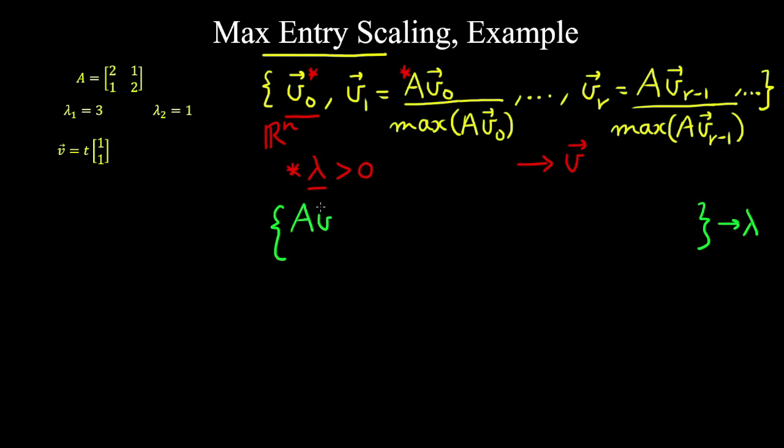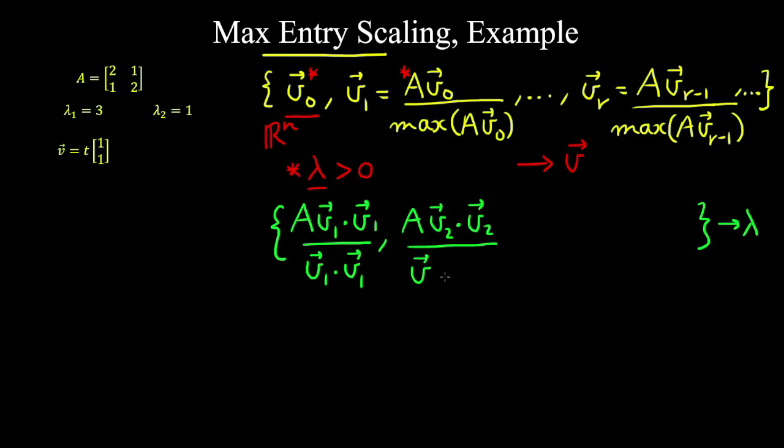So this comprises elements being AV1 dot V1 on V1 dot V1, and AV2 dot V2 on V2 dot V2, and so on, to AVR dot VR on VR dot VR, and so on.